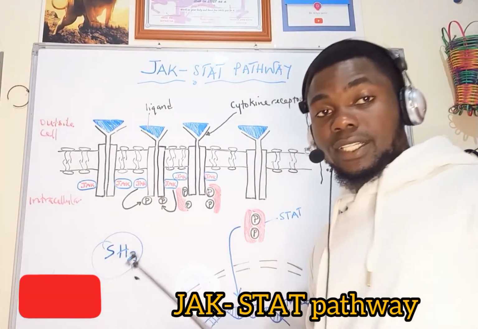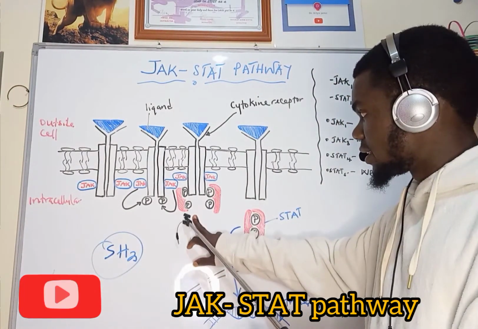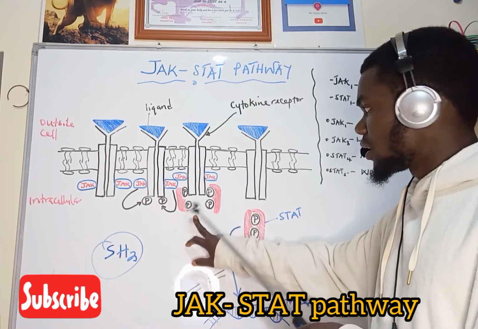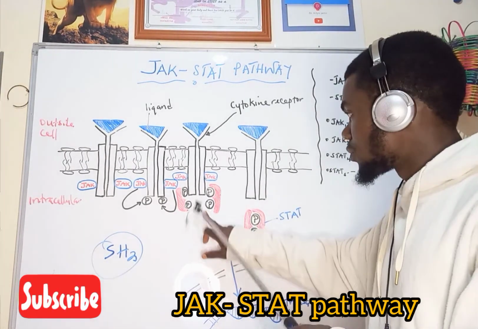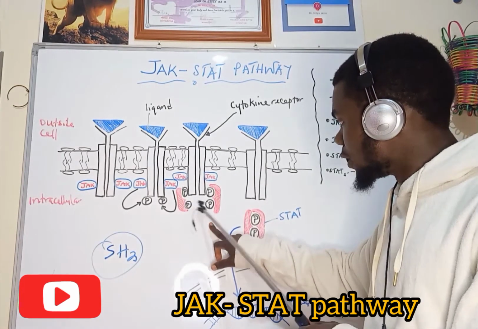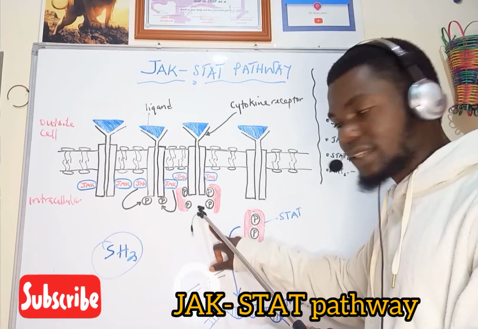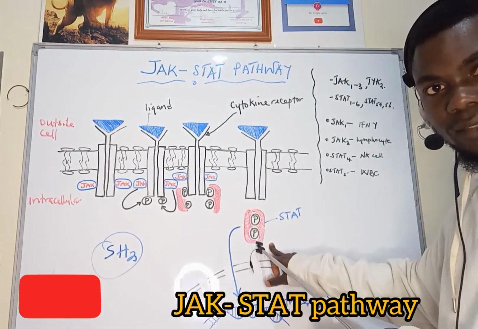One of the proteins with an SH2 domain is the STAT protein. So we are seeing the STAT protein coming to bind to the receptor. After binding here, it is going to be phosphorylated. This is phosphorylation of the STAT protein. It is going to dimerize.